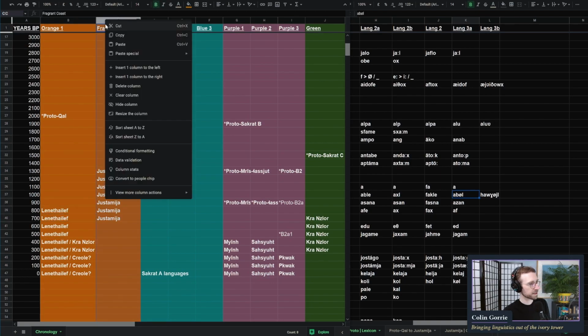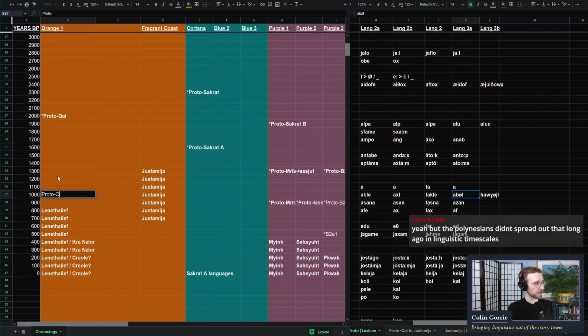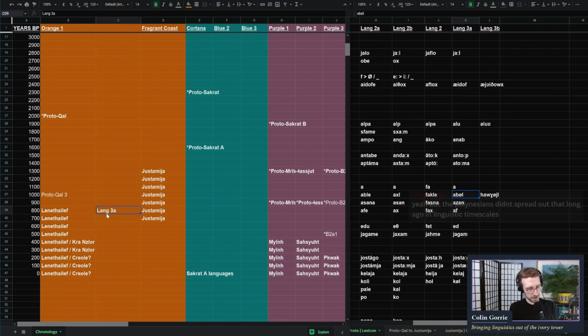So let's add another column, and let's put this proto-language, protocol, everyone likes saying protocol, protocol 3, and then this is Lang 3a, is spoken here. Or maybe it comes in around here, and that could be spoken to the present day.